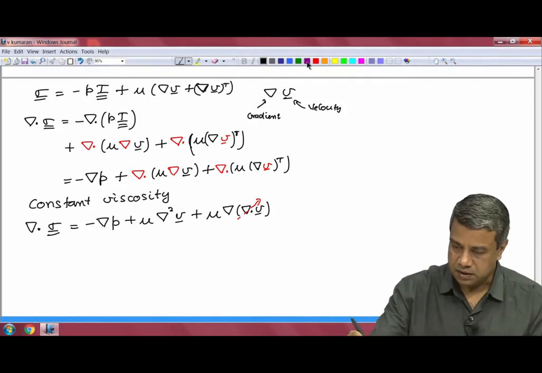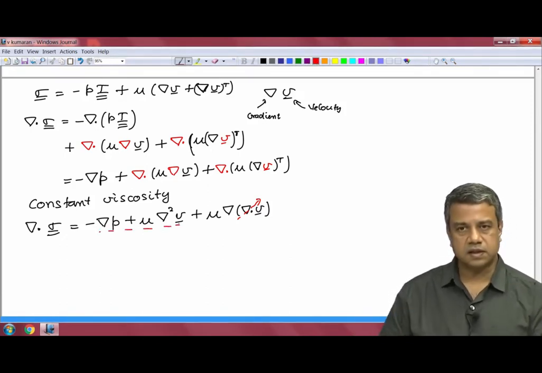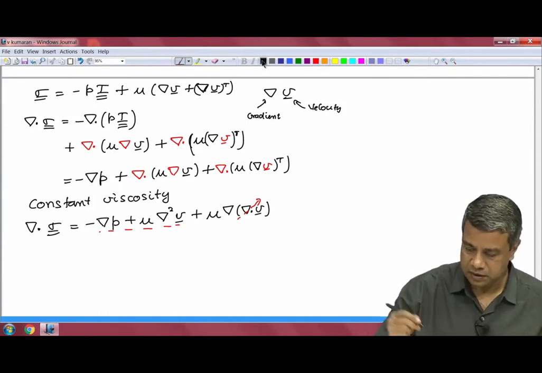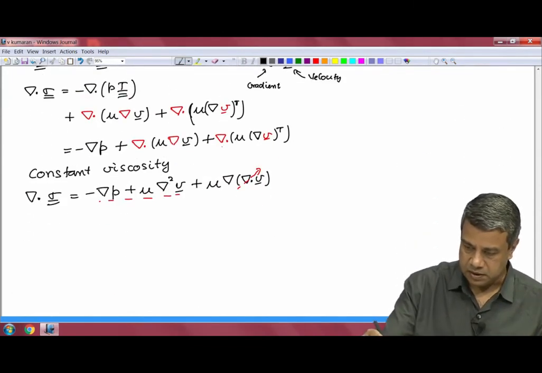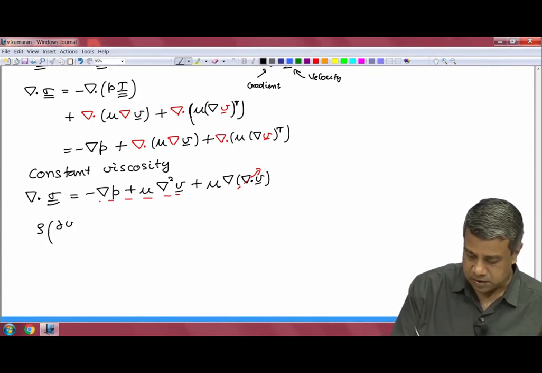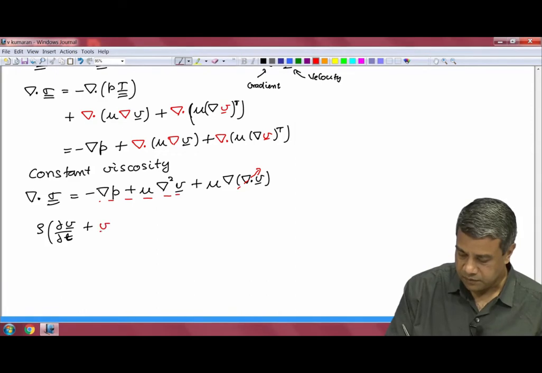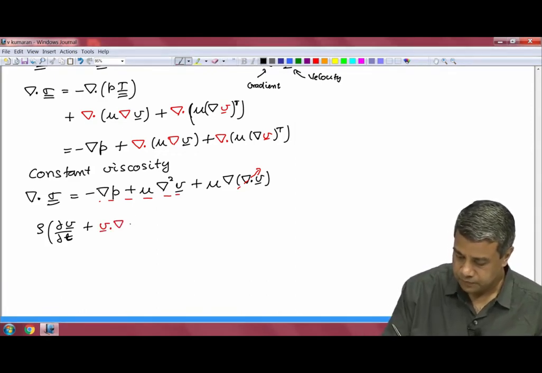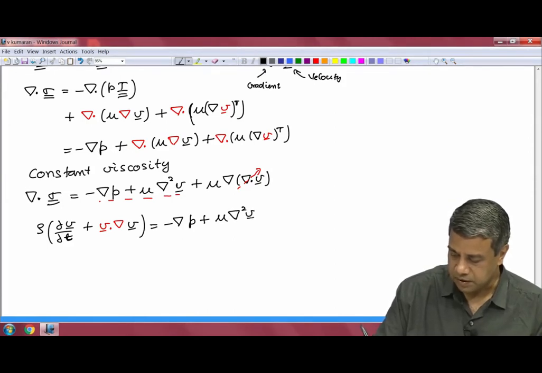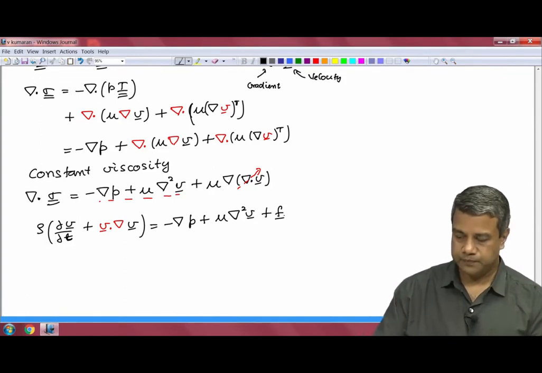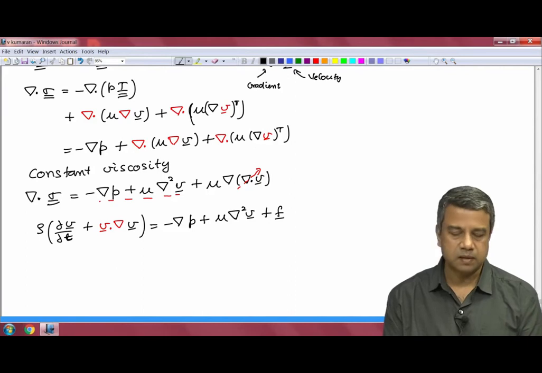And this then is the divergence of the stress. Substituting that into this conservation equation, I will get rho into partial V by partial T plus V dot grad V is equal to minus grad P plus mu del square V plus F. This is the Navier-Stokes momentum conservation equation.